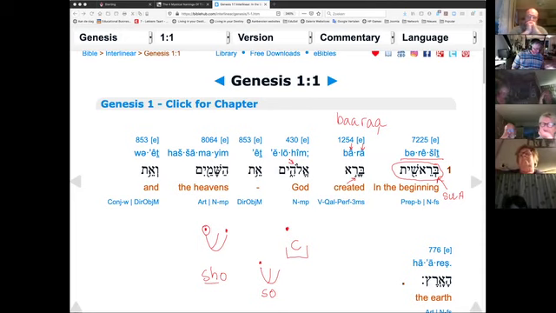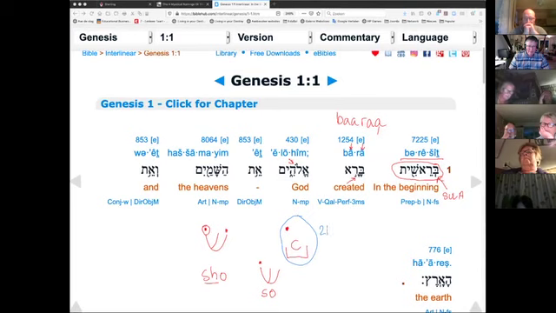But this is something to remember, that normally, like I said, this is normal for 21 of the letters. You put the column on the left side of the consonant.